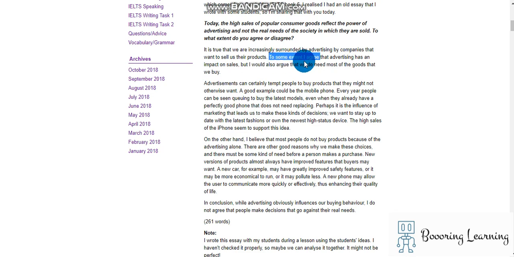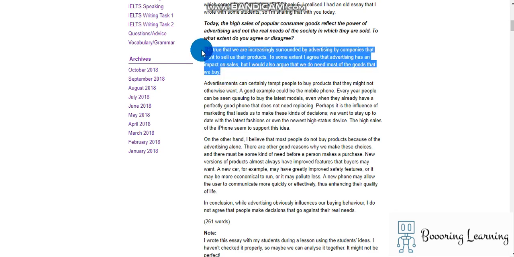To some extent, I agree that advertising has an impact on sales, but I would also argue that we do need most of the goods that we buy. Okay, it is not something that you can completely agree with. So I think in that case, writing "to some extent agree" is better, because I don't know how you think about it, but I think this way is easy to write and give examples about the topic.